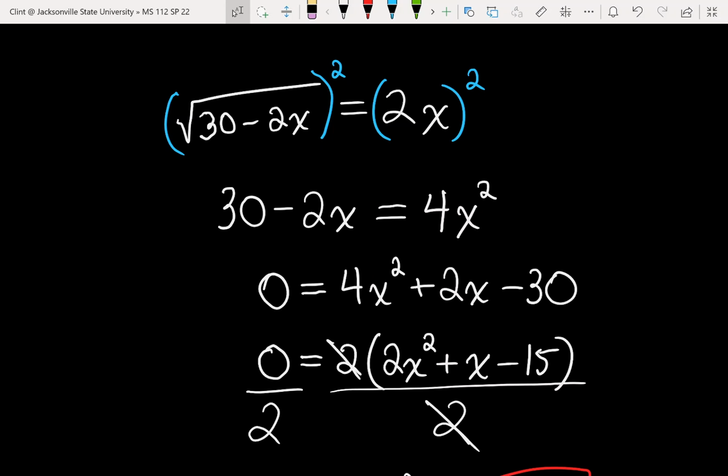Those are radical functions, and if we had a different index, so if this was a cube root instead of a square root, we would raise both sides to the third power. You just match the index on the radical. And the good thing about that case, it would be raising both sides to an odd number power, so we wouldn't even have to worry about the extraneous solutions. It only happens when we raise both sides to an even power.